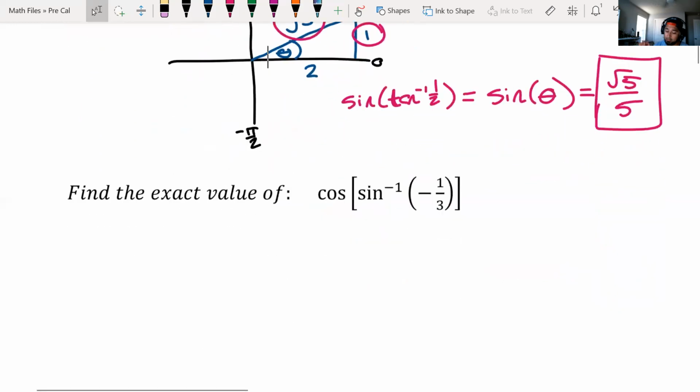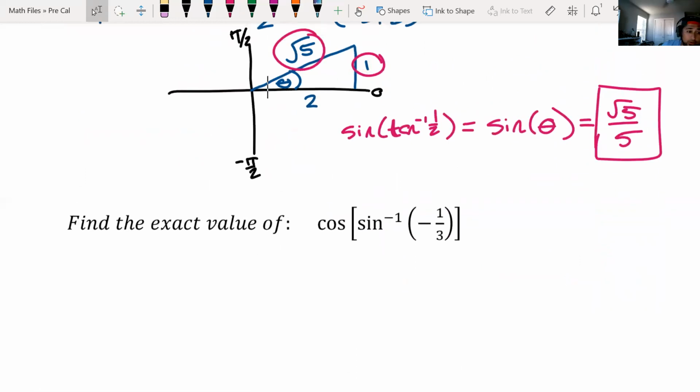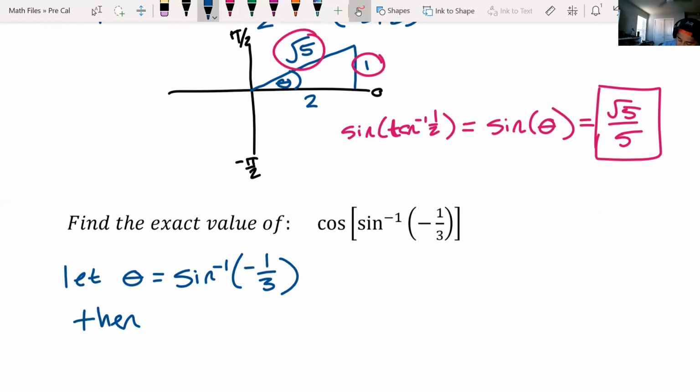Okay. Again, cosine of the inverse sine of negative 1/3. All right. So again, let theta equal the inverse sine of negative 1/3. Then compose both sides with the inverse. And you get sine theta equals -1/3 on what restrictions?